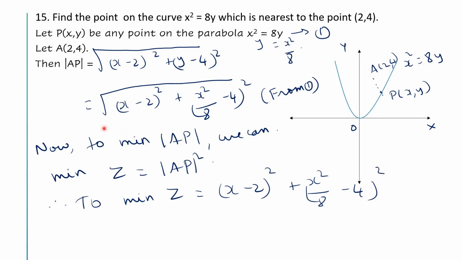When we have a radical expression, it will be difficult to differentiate. So instead of minimizing this AP, we can minimize AP square. When we square, this root will go. Now we have to minimize this expression.